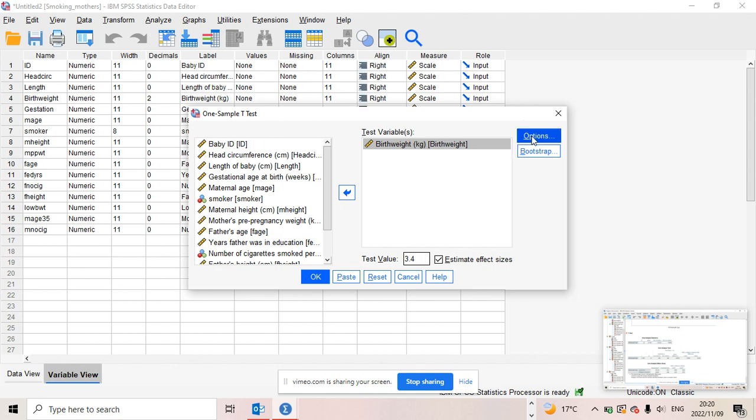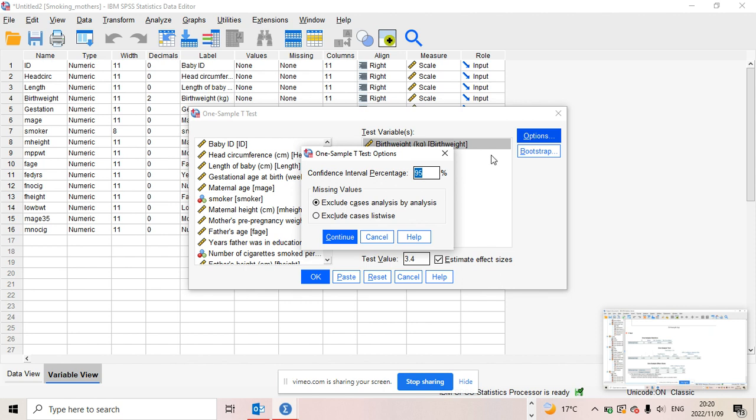Right? Okay. We need to establish a certain level of confidence, because this is what we are going to use to compare with what we call the p-value. Our confidence level here, let's leave it at 95%.